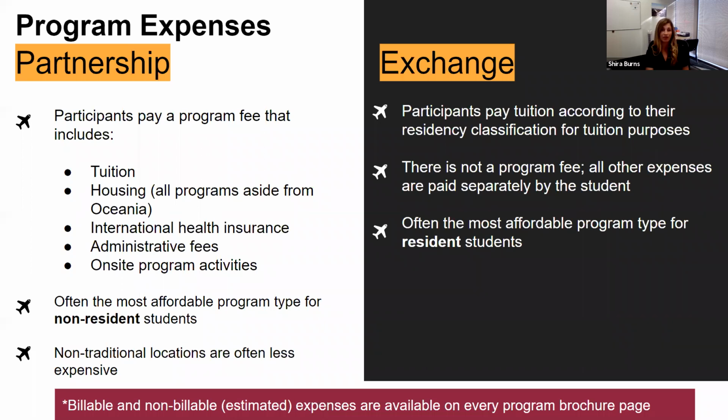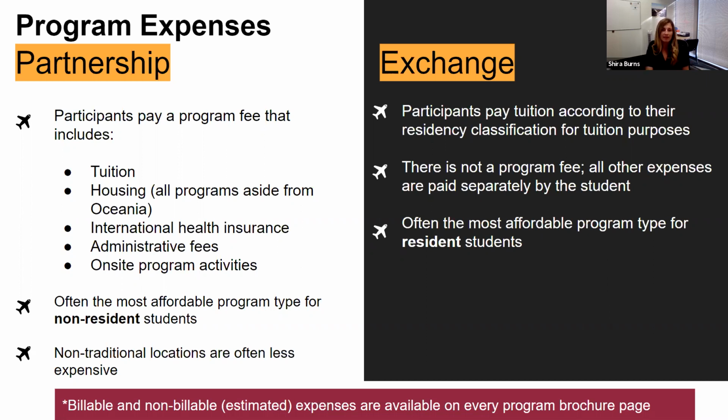It can include overnight activities, or it can also be day trips. We have some providers that are known for being a little bit more bare bones, that keep the expense down. And we have other providers that are a little bit more expensive, but you get a lot of those extras in that program fee.